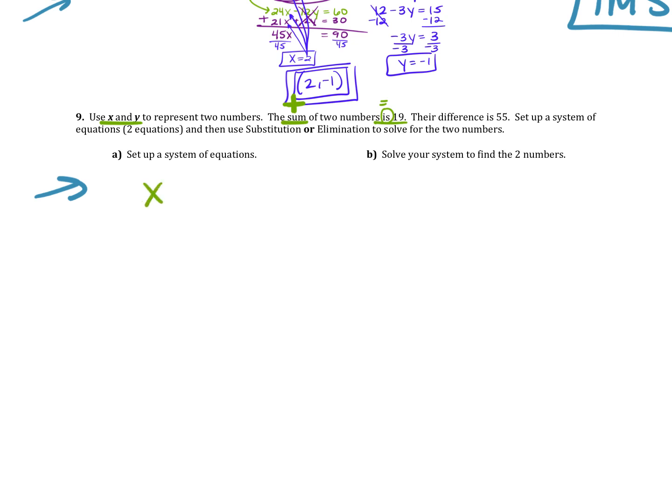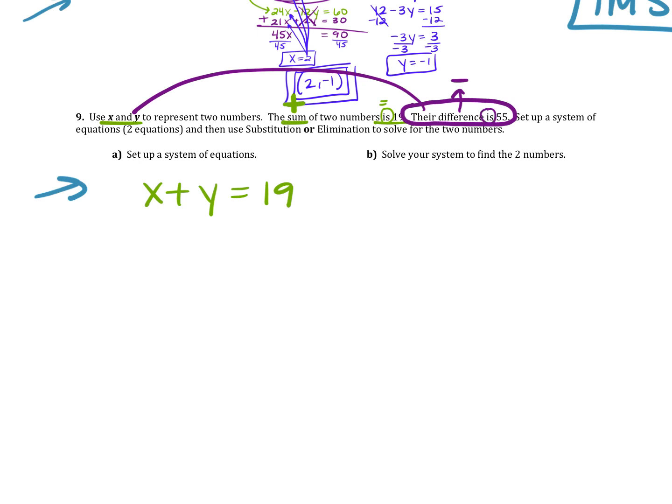So that means x plus y equals 19. That's one equation in your system. The other equation is right here. Their difference, meaning x and y's difference, difference meaning subtraction, is meaning equals 55.